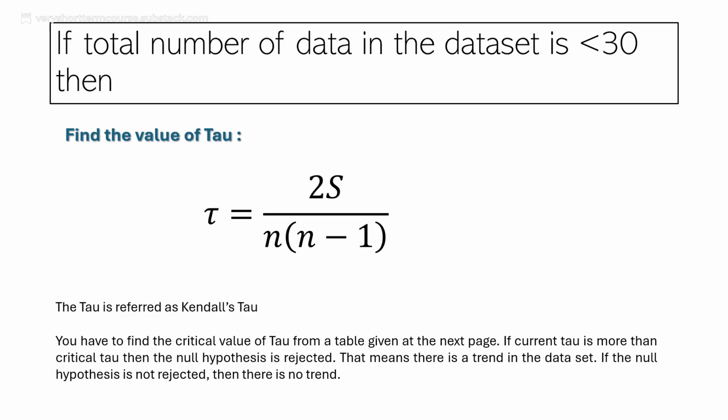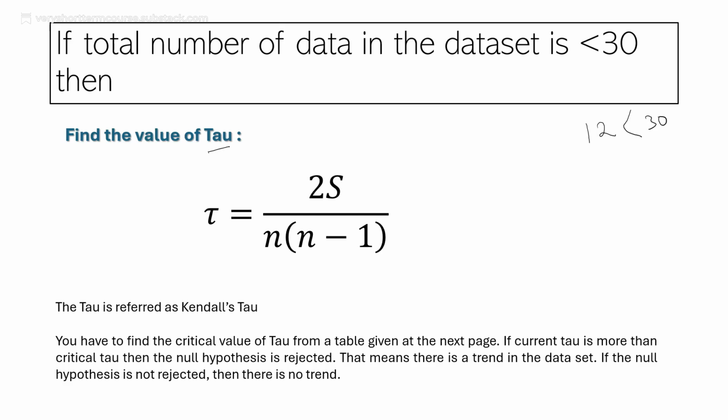Okay, so you have 12-month data, so it is certainly less than 30. You will find the value of tau that I have mentioned previously. I think you remember. This tau is also known as Kendall's tau. Now how can you calculate Kendall's tau?